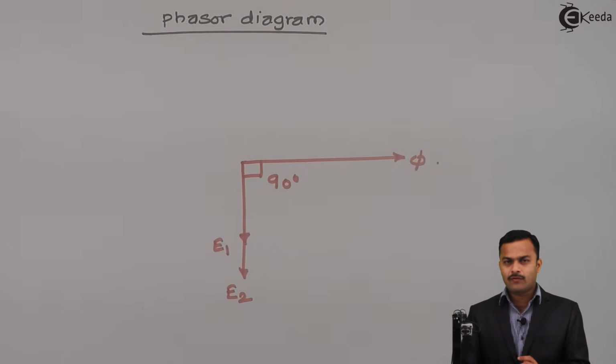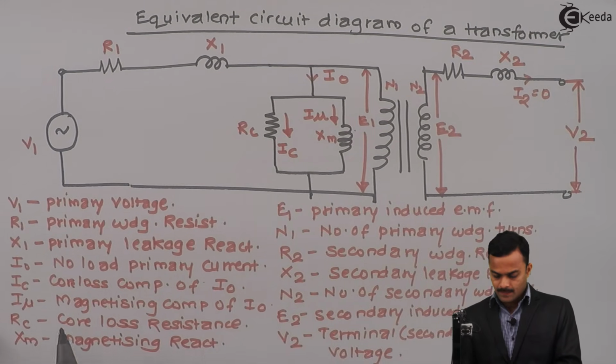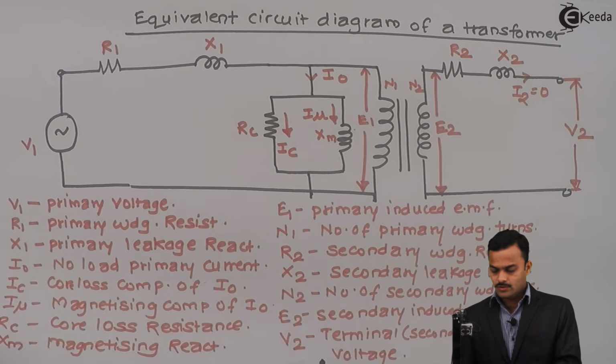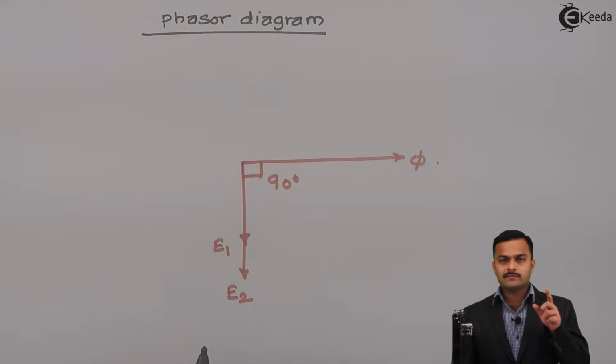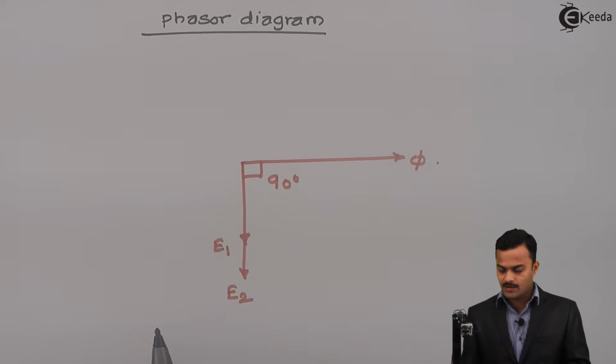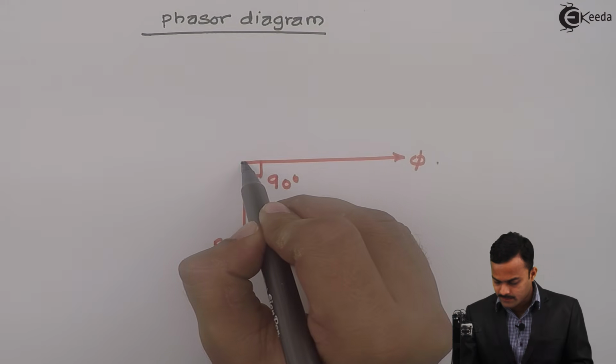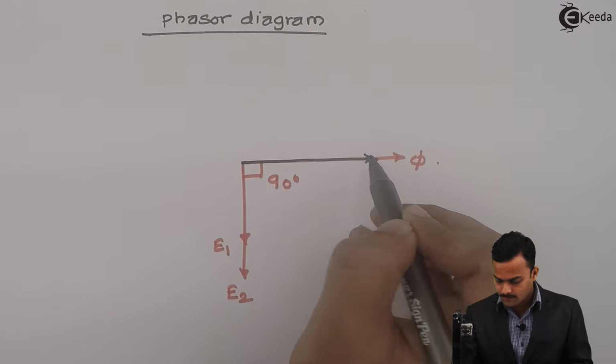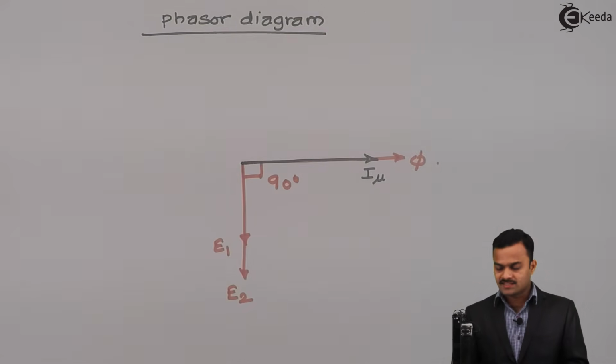Now this flux phi is produced because of I mu. So I mu is nothing but the magnetizing component of I0. The current which is responsible for production of flux phi will come in phase with flux phi. So this is I mu.